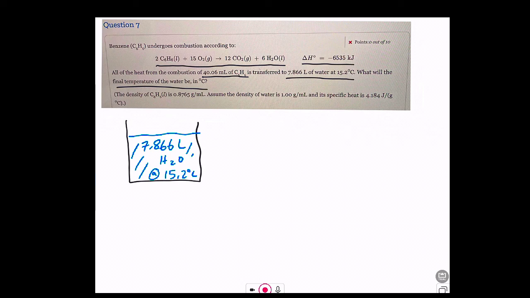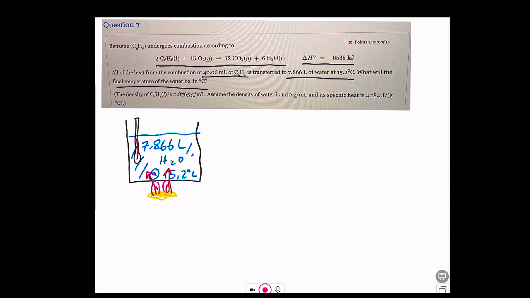And then we have some benzene, and it's a liquid, and then it burns. So we have this catch on fire, and when it burns, it heats up the water. So if we had a thermometer in the water, the temperature would increase.